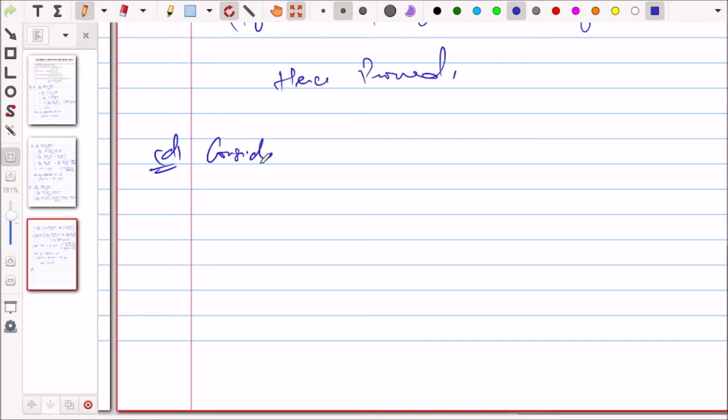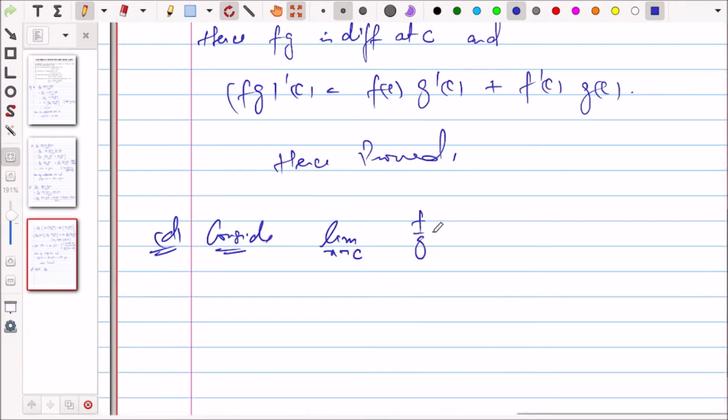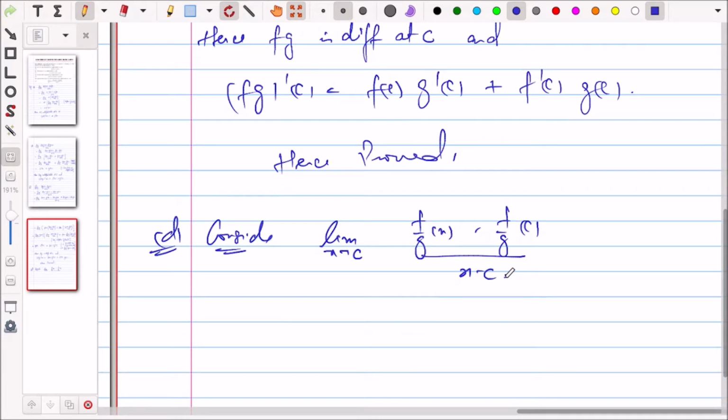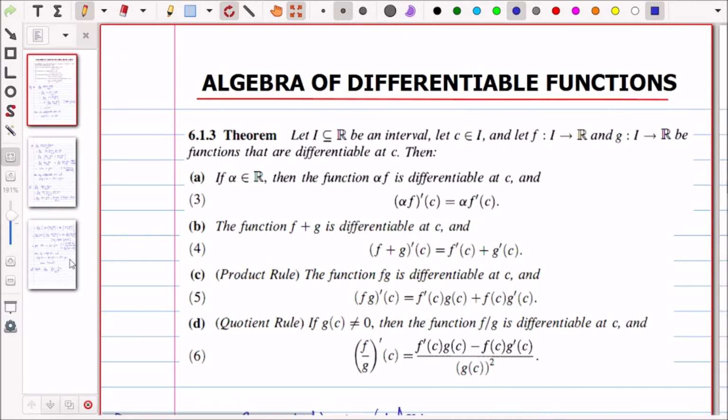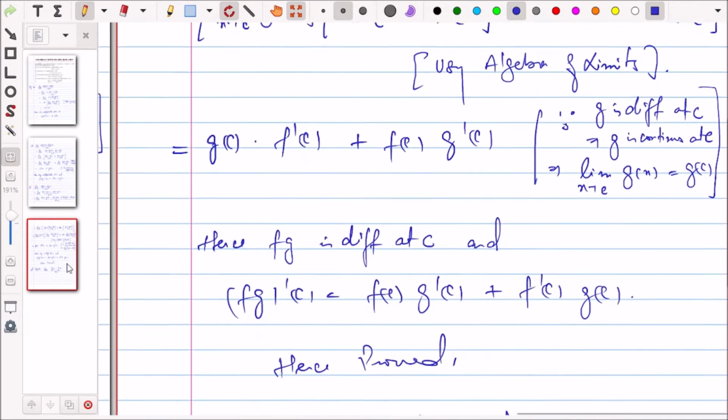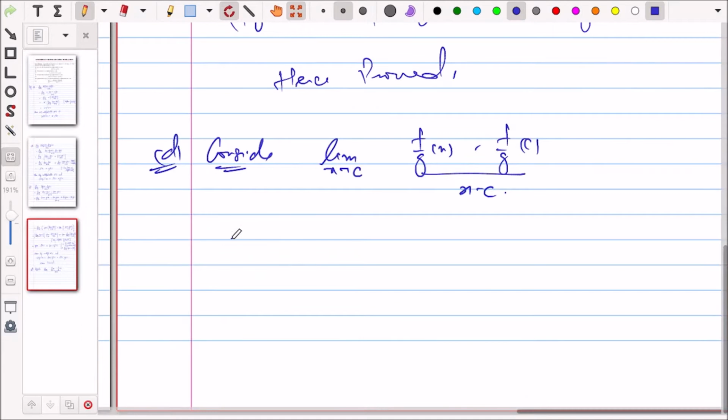So consider limit of ((f/g)(x) minus (f/g)(c)) upon x minus c. So we have to show that this limit exists and it equals this, right? So we will have to show this. So how to proceed for this?